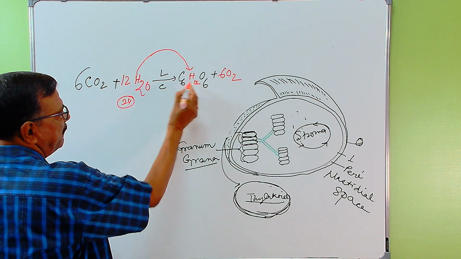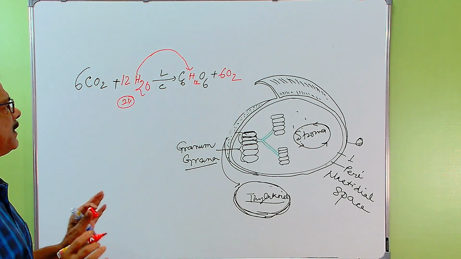Out of 24 H, 12 is here in glucose. Another 12 should be somewhere.